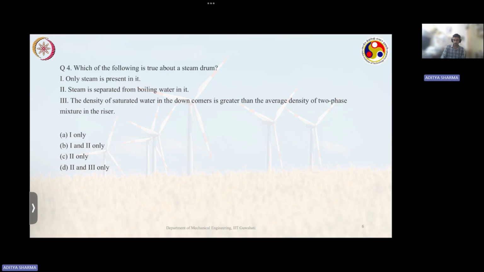The vapor from your water is separated in the steam drum. So this is your steam drum.